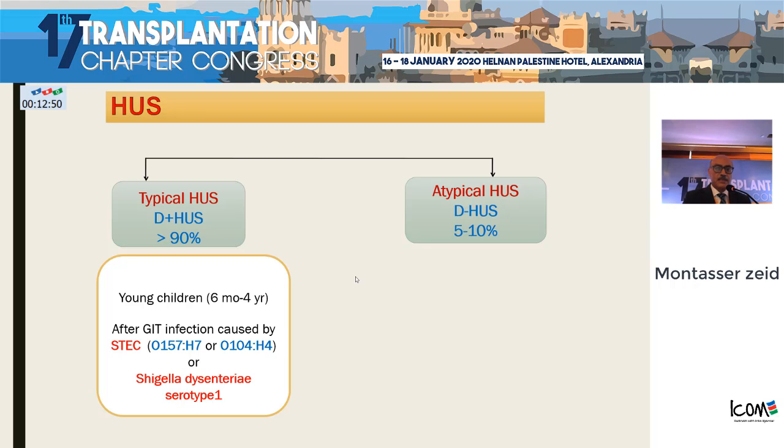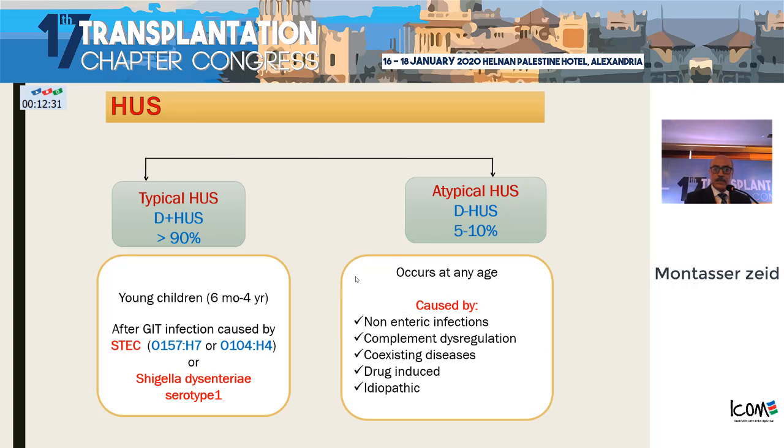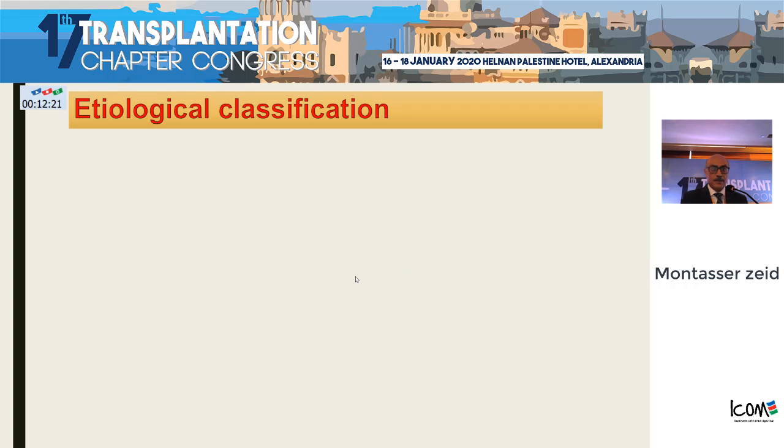Typical hemolytic uremic syndrome usually occurs in young children from 6 months to 4 years and after GIT infection caused by Shiga toxin E. coli strain O157 or Shigella dysenteriae serotype 1, and atypical hemolytic uremic syndrome occurs at any age and is caused by non-enteric infections, complement dysregulation, coexisting diseases, drug-induced or idiopathic.